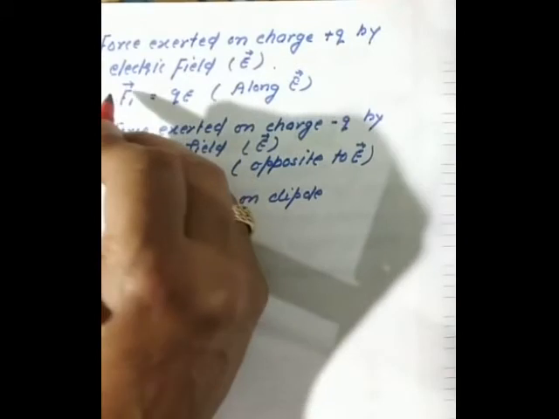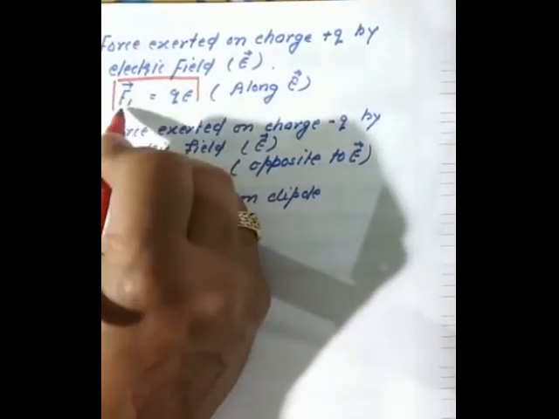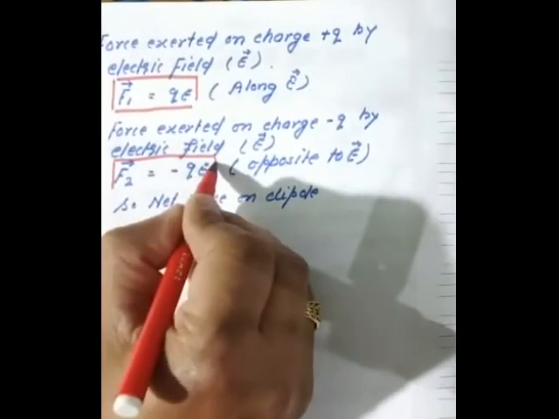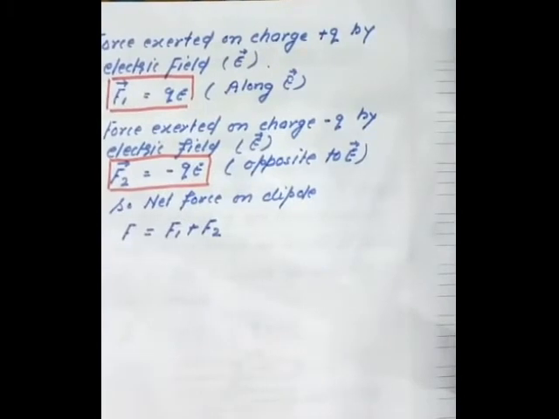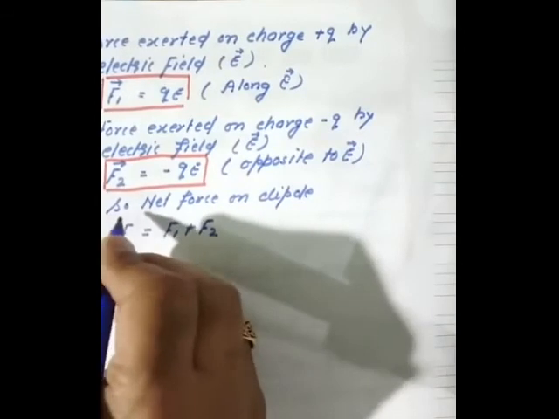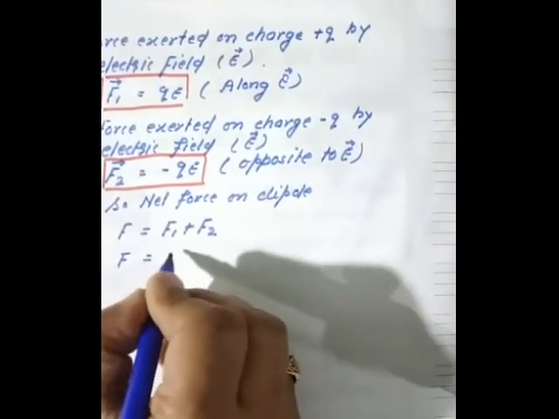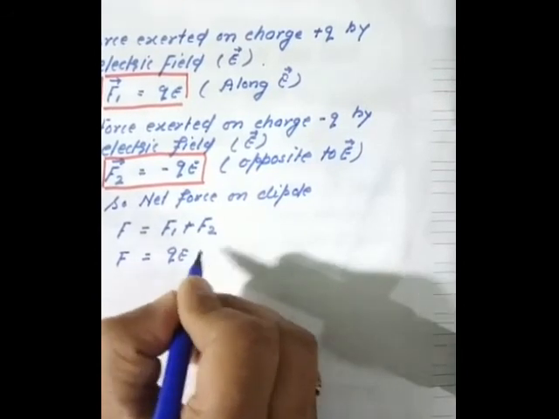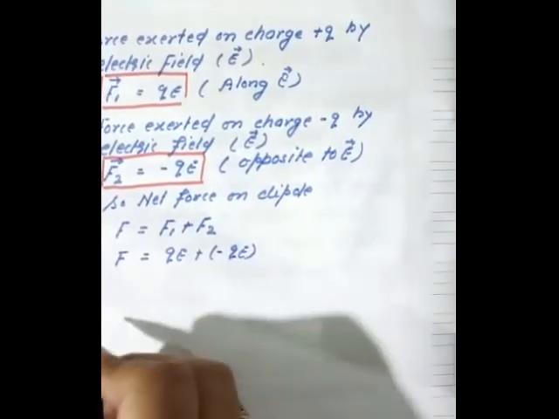These two equations: this is the first equation, and this one is the second equation. Here we got it. So total force F equals QE plus minus QE.